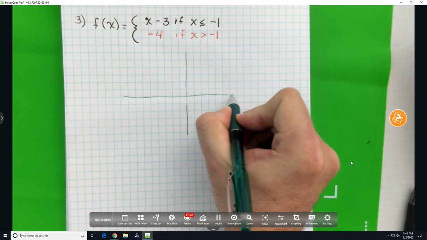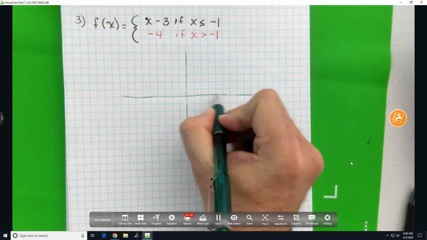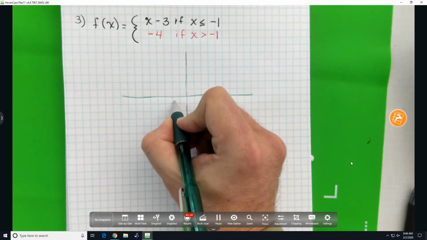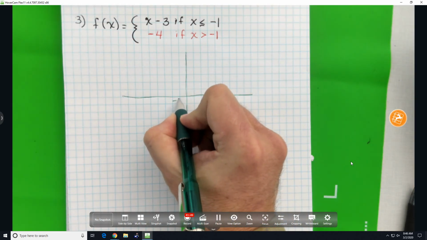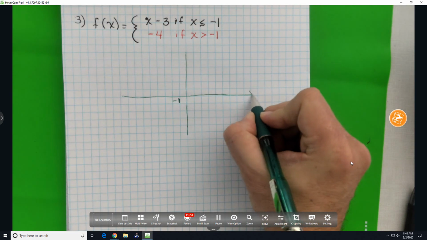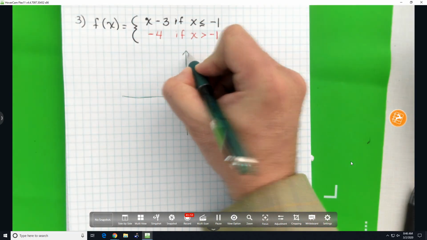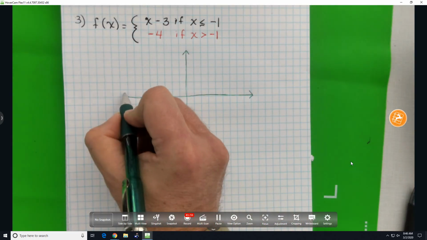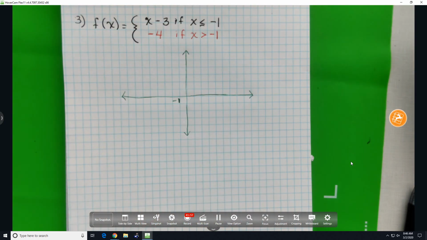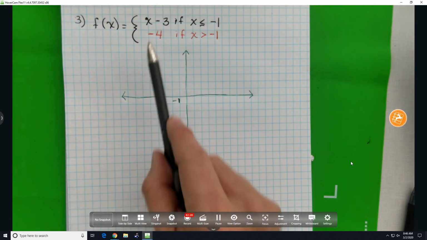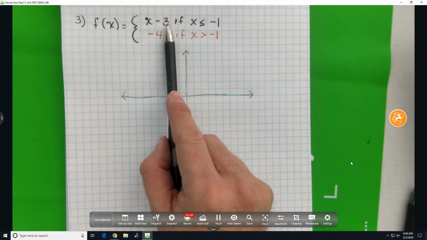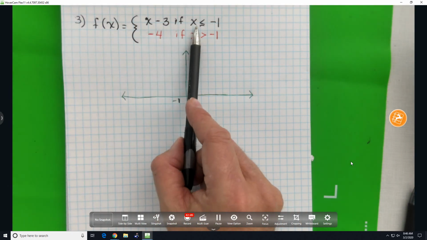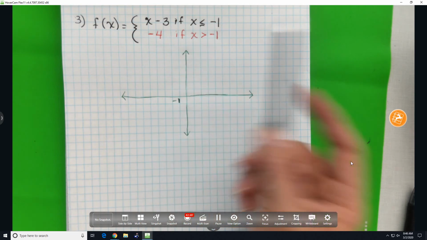So I'll draw my rectangular coordinate system. Now this is one that would fit on those graph papers I was passing around. And I'm going to locate negative 1 on the x-axis. And I'm going to go ahead and decide where each piece goes right now. The black piece is going to be the black graph for x's less than or equal to negative 1.